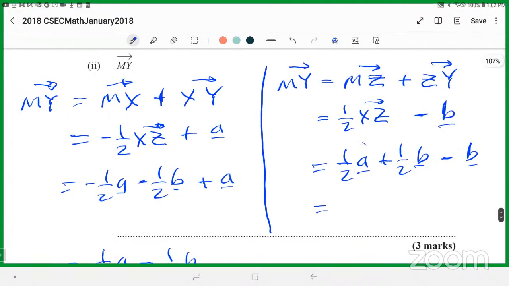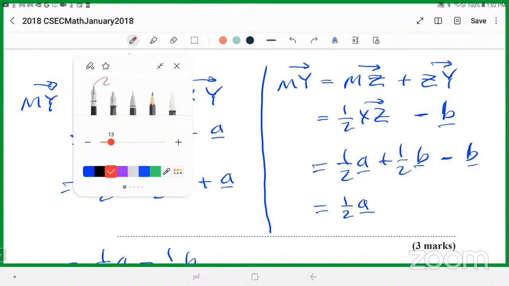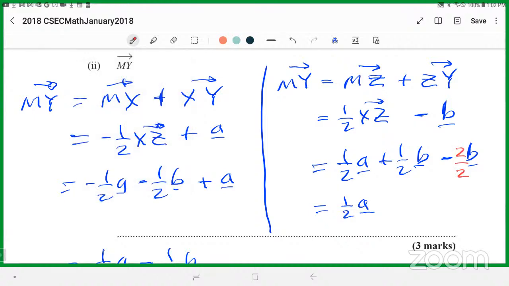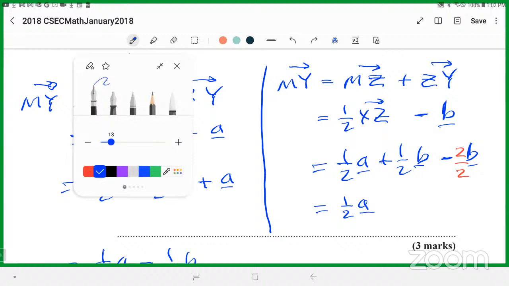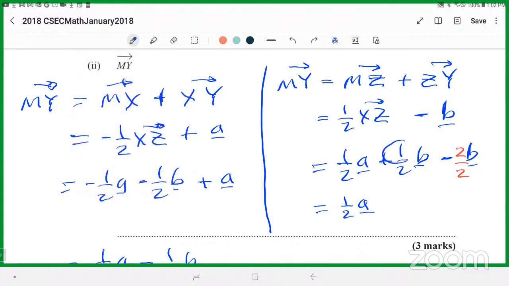So this is the only A term in it, half A. But this is now half B minus a whole B. This minus a whole B, I can write as 2 over 2. So it becomes 1 minus 2. 1 minus 2 is what? Negative 1, isn't it? Agreed? 1 minus 2 is negative 1. So it becomes minus 1 over a common denominator of 2, so minus half B.